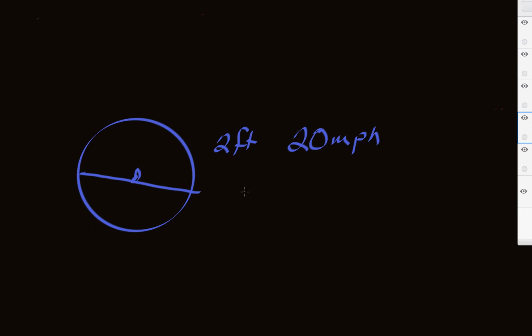And so we would have to say, if it was going 20 miles an hour or 40 miles an hour or 50 miles an hour, we'd have to say how far has it gone in a minute, right? So if it's 20 miles an hour, we're going to have to start converting to minutes, right?